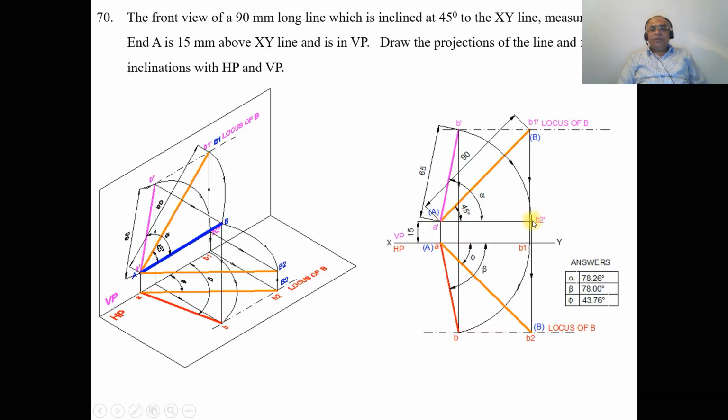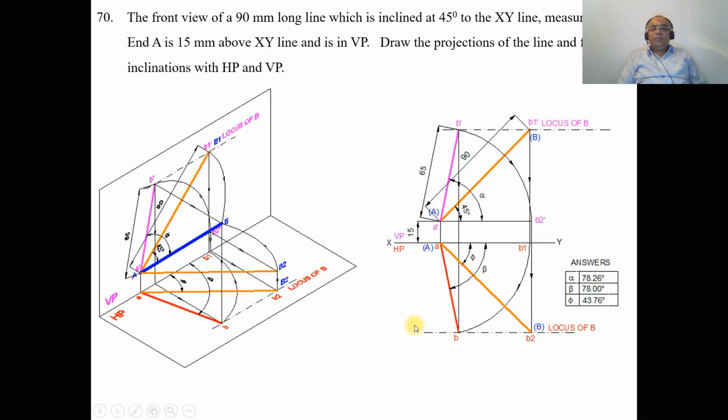From B2 dash, draw a vertical projector to the locus of B in the top view and mark this point as small b2. Then join A, b2 with a little bit thicker line than the XY line and mark this point as capital B. So this is the true length in the horizontal plane.